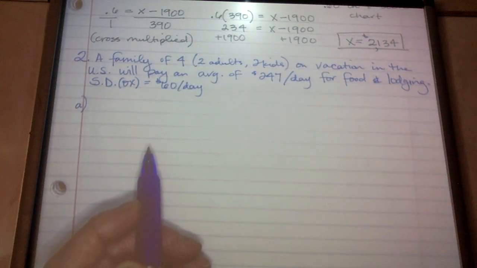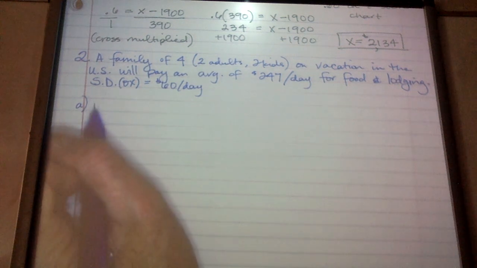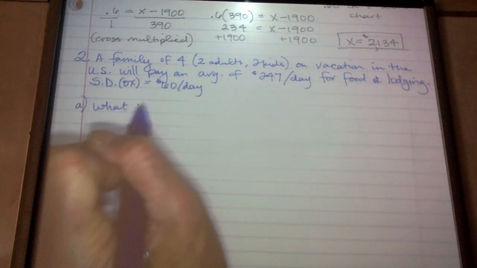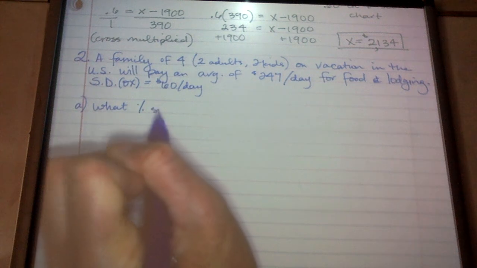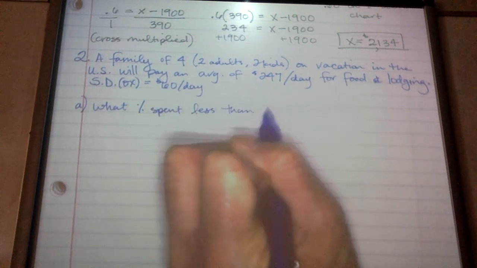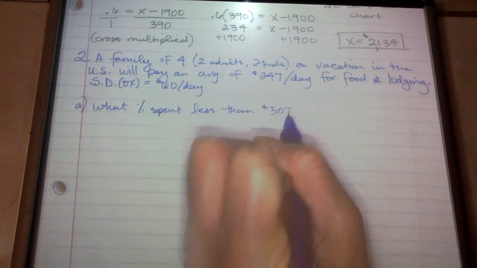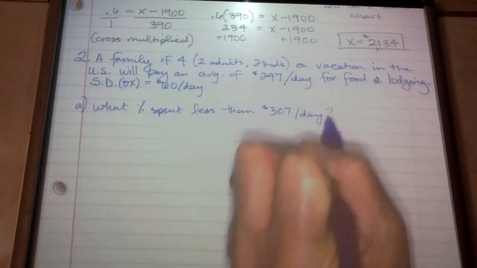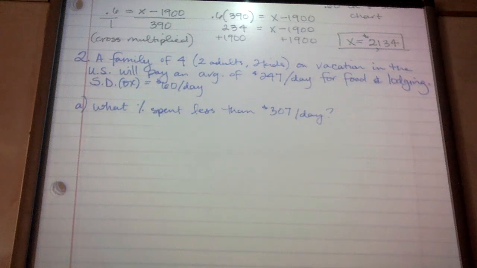Let's say, what percent spent less than $307 a day on food and lodging? So when they're asking for percentile or percent, remember we have to find our z-score first, then we go to the table, and then we convert that to a decimal.